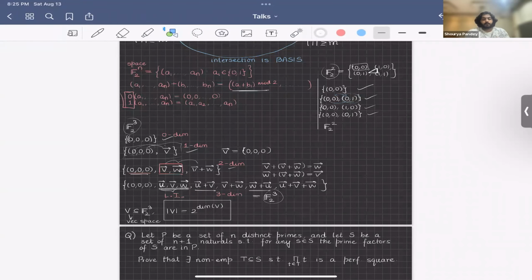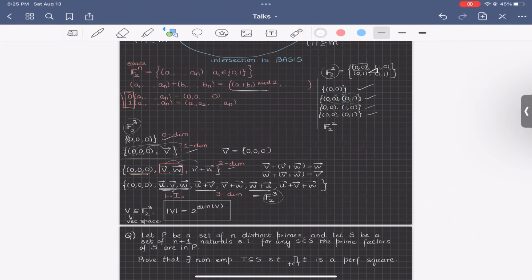For P2, the second element is 1 and everything else is 0. If we consider the elements of S, we write each number in its prime factorization, and if the exponent is odd, we write a 1 there, and if it's even, then 0. So you get F2^n basically. And P is the basis.